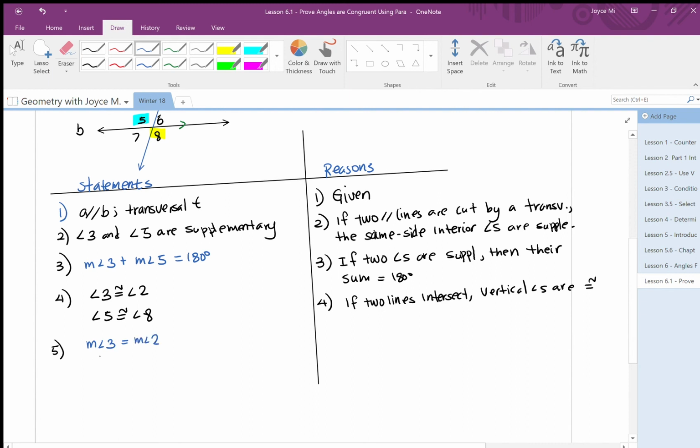I have the measurement of angle 5 is equal to the measurement of angle A. You could say that, or you could say if two angles are congruent, then they have equal measures. Let me say congruent angles have equal measure.